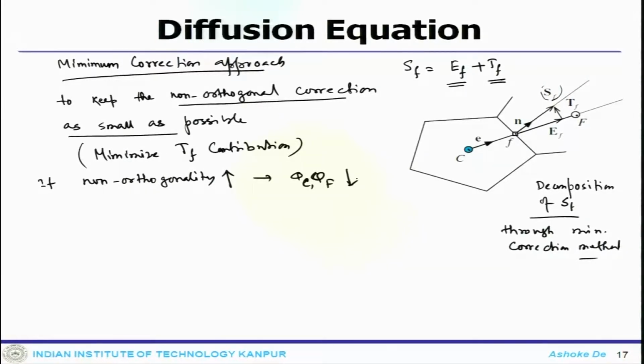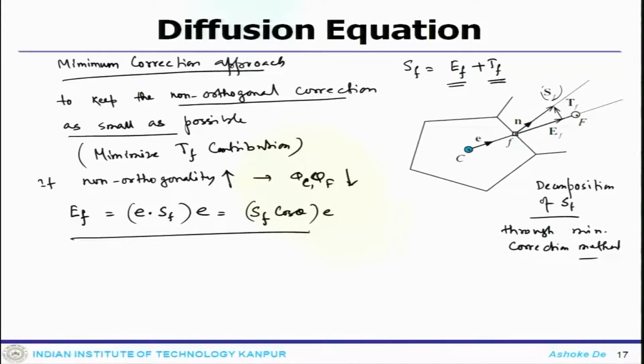Now, in this case it is simple to compute EF, which is E dot SF E, which is nothing but SF cos theta E. So, that is a simple way one can do that. This is one of the approaches.